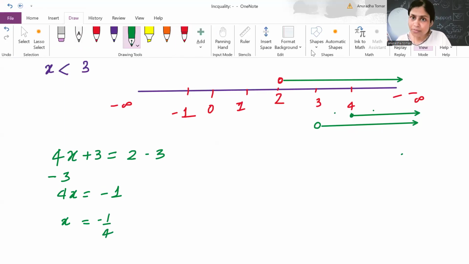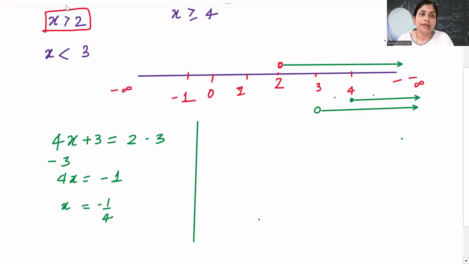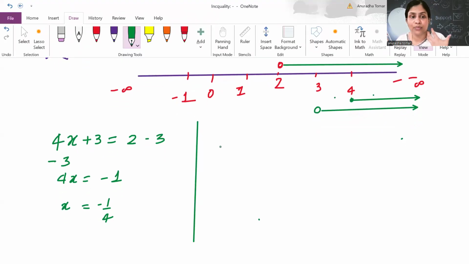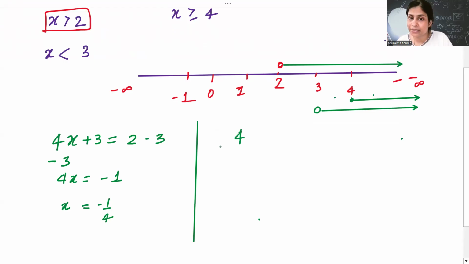Now, the same way we'll be solving inequality, but there are a lot of solutions instead of this only one solution. Let's say I take the same example, 4x plus 3 greater than 2. I want to find the x values here. How do I find? I will again subtract 3 on both sides. So 4x greater than negative 1.